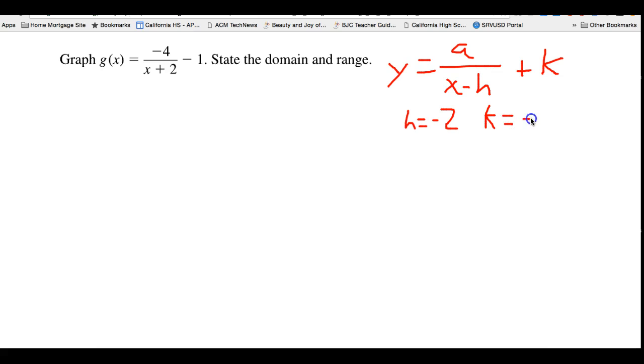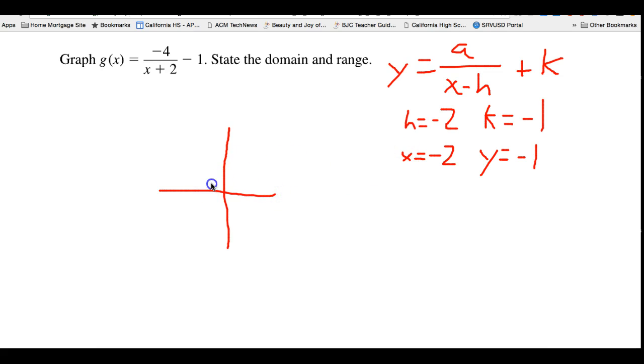So what this means is we are going to go ahead and plot our asymptotes at x equals -2 and at k or y equals -1. So this means that if we look at this on a graph, here's our axis right here.